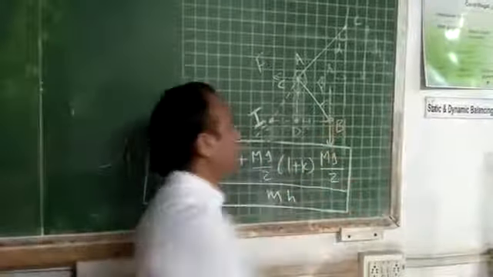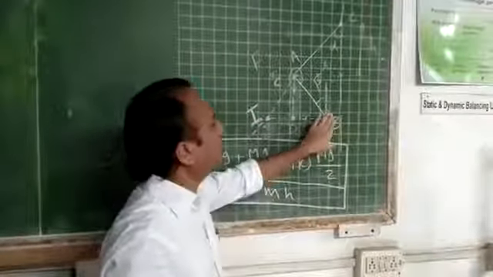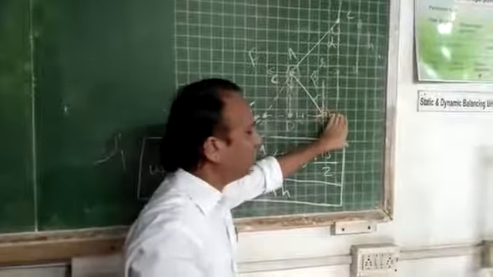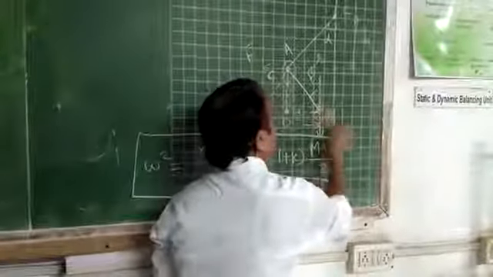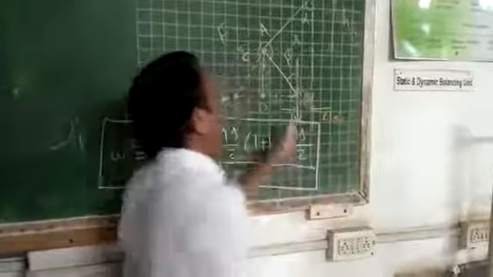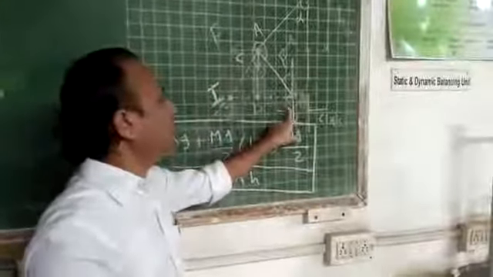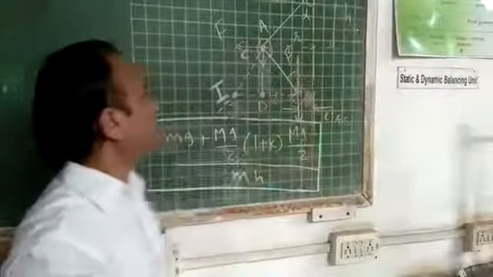See, position of point B is important. Here I have shown there is some clearance between this point B and axis of spindle.